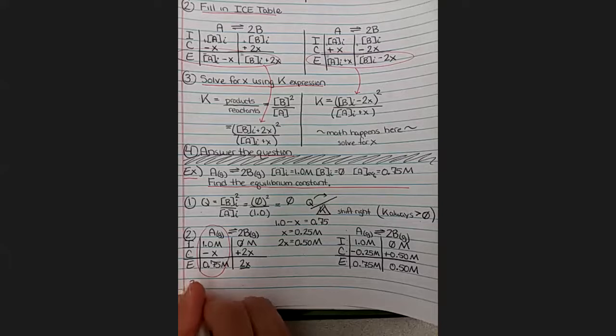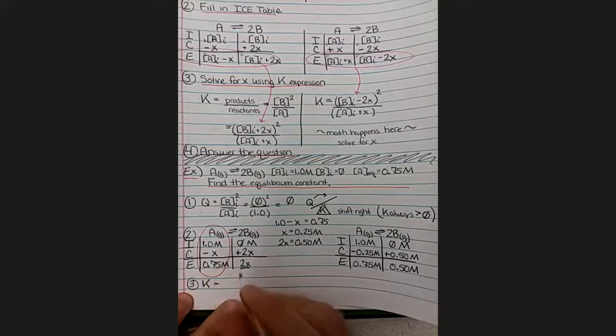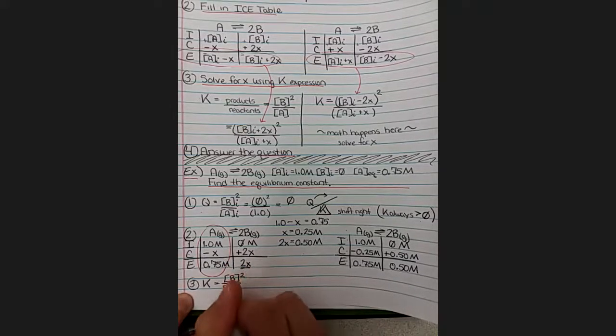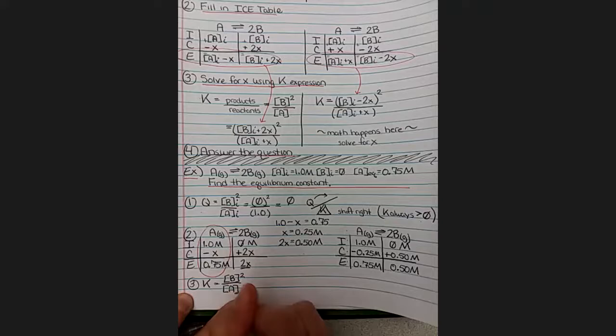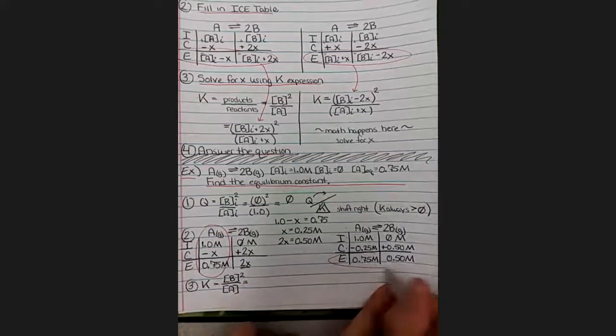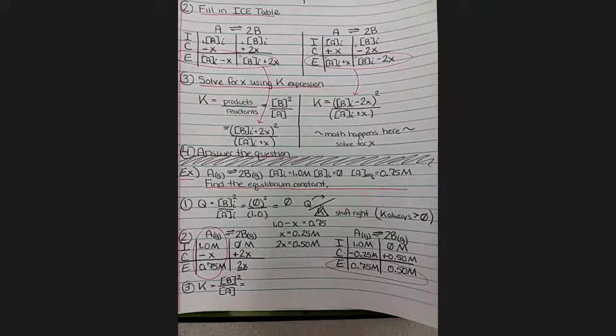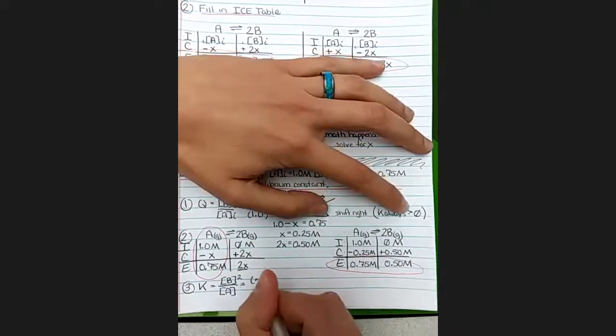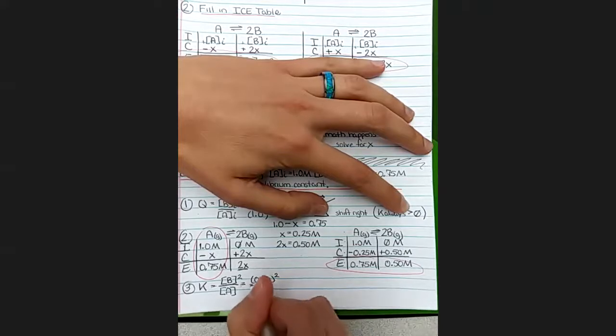Step 3, we're going to be solving for K. K is going to be products over reactants. It is going to be B squared over A. We are going to get those numbers from the E row of the table. So our value for B was 0.5, and that's going to be squared.